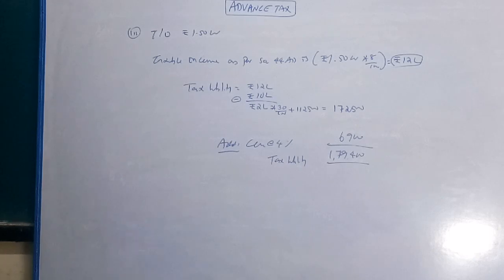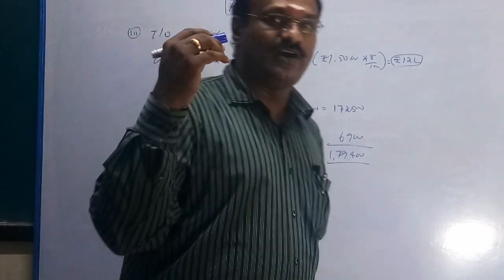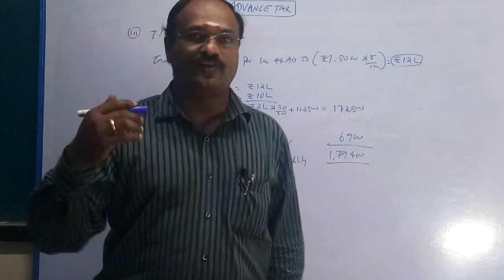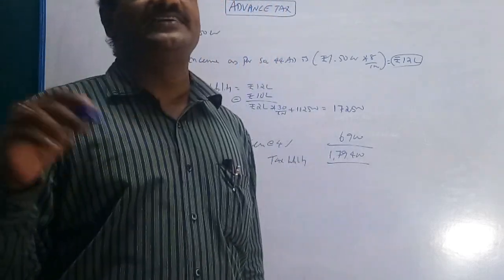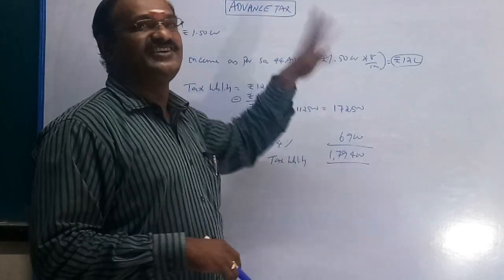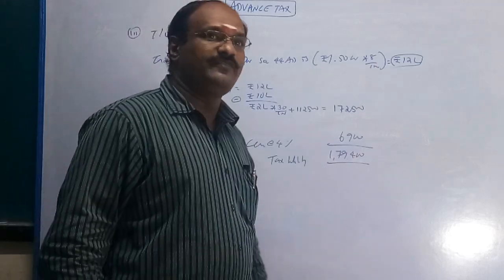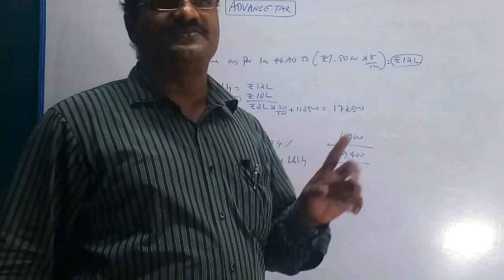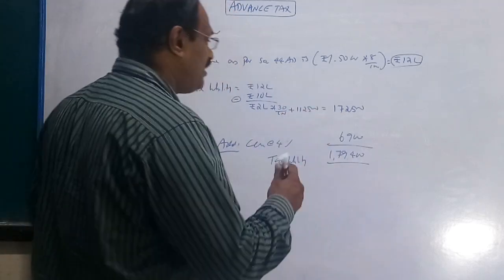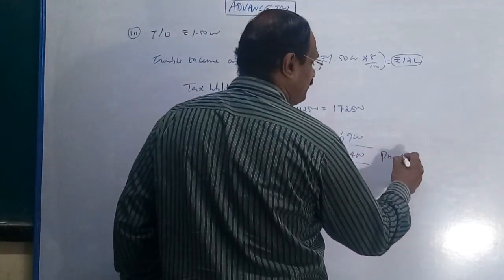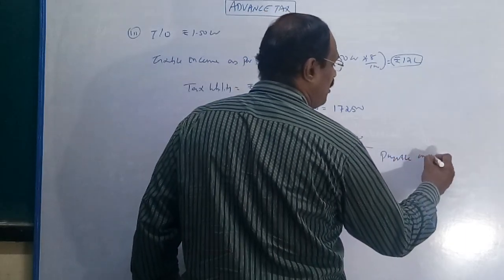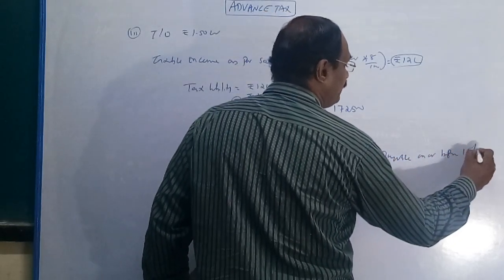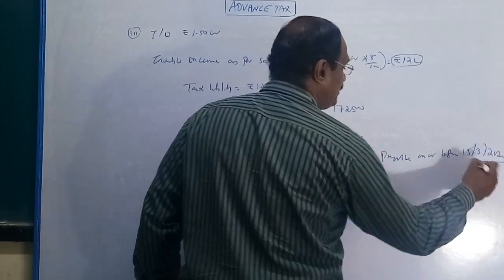See, since the assessee opted for section 44AD, as far as 44AD is concerned, advance tax has no different installments. Those who opted for 44AD pay only one installment, that too 100%, payable on or before 15th March 2020.